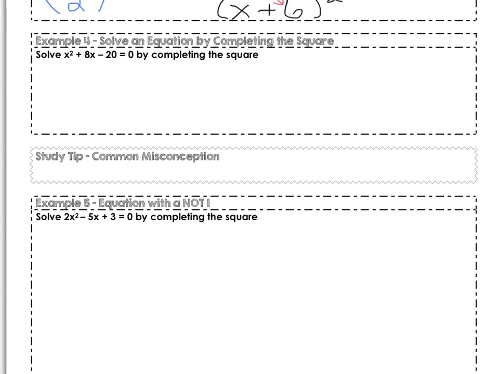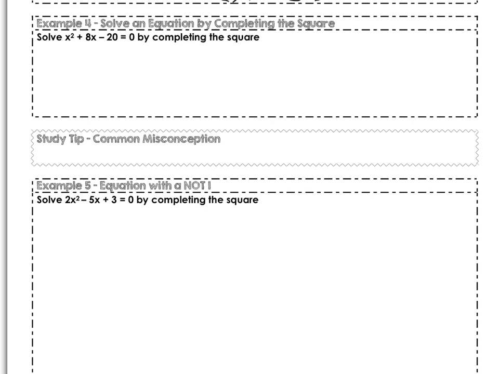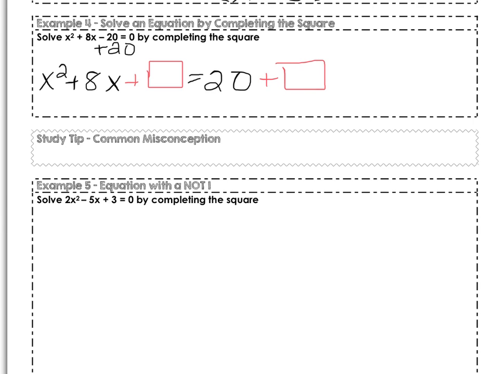Now let's actually use completing the square to solve an equation. In this scenario here, notice that I cannot create a perfect square trinomial. So I'm actually going to add 20 onto both sides. So we have x squared plus 8x is equal to 20. Now I gave myself some space because I would like to be more visual, and I'm going to give myself a square on both sides of my equation, because what I do to one side, I must also do to the other side.